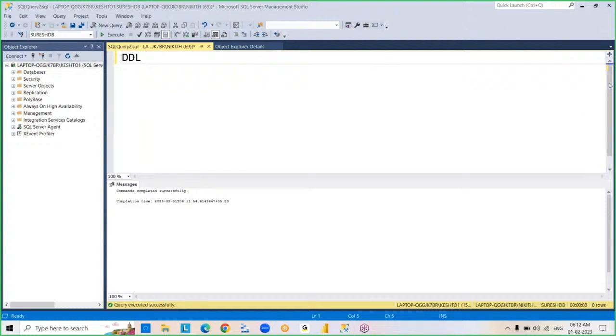We are starting now. After that, we work with other types of commands. So, create command. Create command is used to create tables in SQL Server environment.